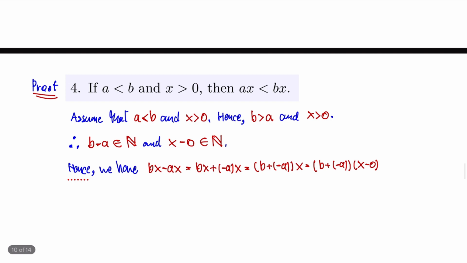Okay, we have the product of two positive integers, so this product is in the set of natural numbers.